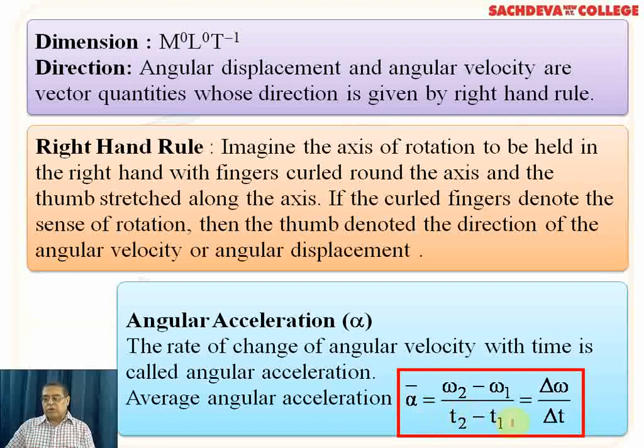The difference of angular velocities will be delta omega and the difference of time will be delta t. Omega 1 and omega 2 are the initial and final angular velocities, and the difference is the change in angular velocity. T1 and T2 are the instants of time for omega 1 and omega 2, and their difference is delta t.